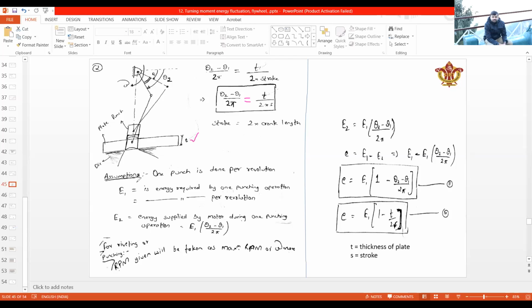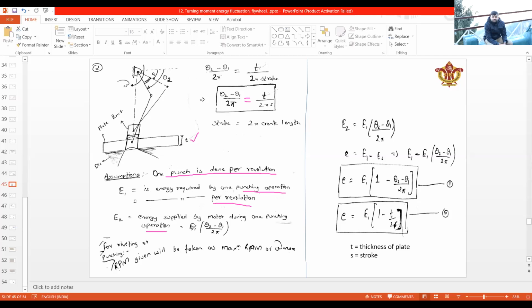Okay. So this assumption was taken that one punch is done per revolution. So when this crank revolves once, only one punching operation is taking place. All right, and the energy E1 is the energy required by one punching operation, or energy required per revolution, and E2 would be the energy supplied by the motor during one punching operation.